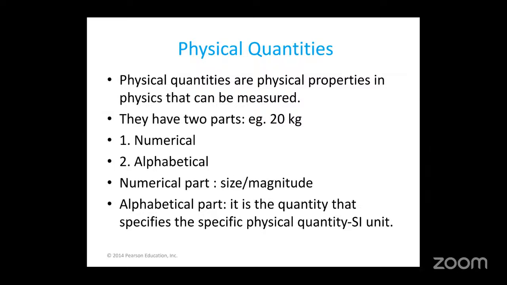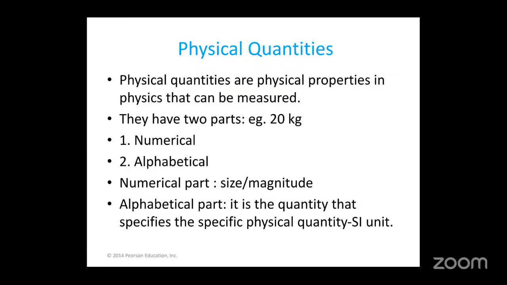For instance, if we measure mass, it is appropriate to write the value measured and the unit. So e.g. there, we have 20 kg. Seeing 20 kg would immediately tell us that the quantity that was measured is mass.